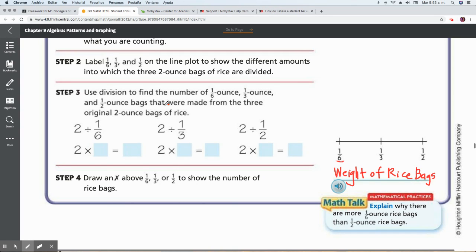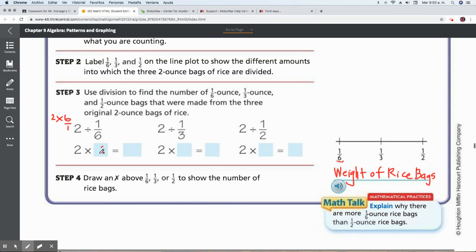So 2 divided by 1/6. What is 2 divided by 1/6? Remember that we can use the reciprocal of our divisor to find the answer. When we use a reciprocal, we change it to times, and then we flip this fraction. So the 6 will be on the top, and the 1 will be on the bottom.